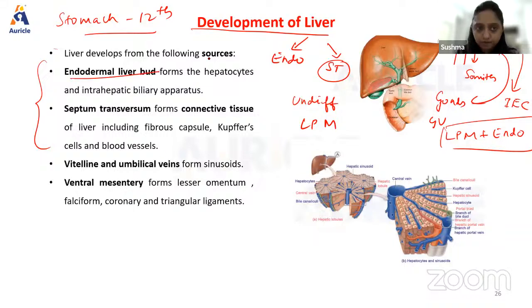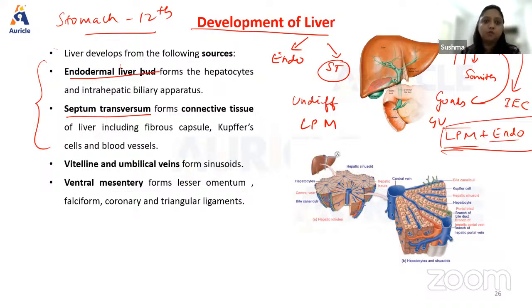The liver bud is coming from endoderm and combines with the septum transversum, which is undifferentiated lateral plate mesoderm. Is it not? This is something we studied while studying the pharyngeal arches and somites, isn't it? Lateral plate mesoderm along with endoderm gives rise to the lining of the gut and so many different structures. So liver comes from the endodermal liver bud and lateral plate mesoderm, which is the septum transversum.